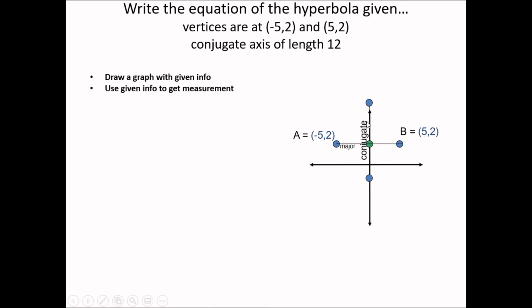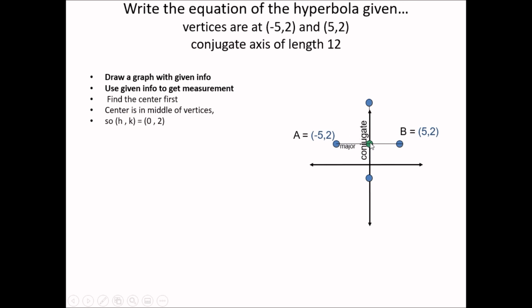Okay. So wala pa tayong co-vertices, no? Ang meron lang is the conjugate axis of length 12. So hatiin lang natin to. Itong given. Connect natin tong vertices and then kunin natin yung gitna, which is 0, 2. Tama?